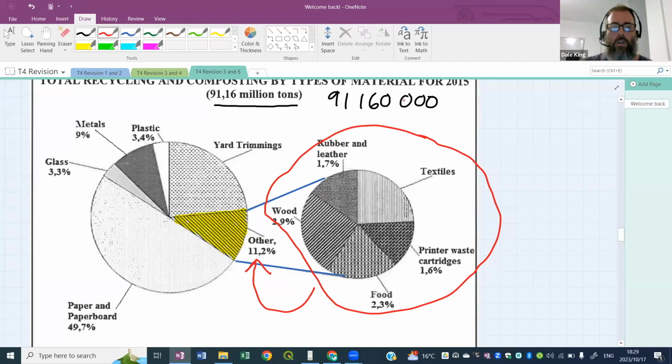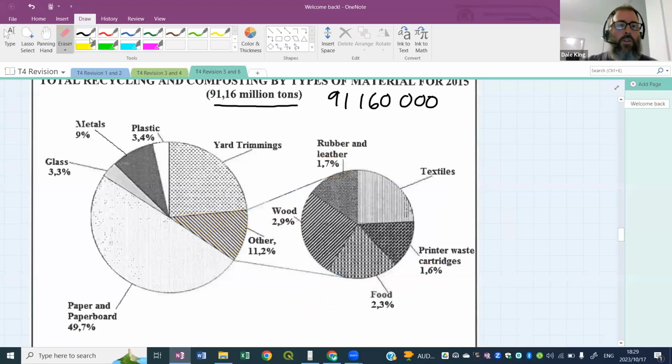So just remember that. All these little percentages that we see here, 1,7, 2,9, 2,3, and 1,6, and look, there's one missing. They're probably going to ask us about that. All of those should add up to 11.2. They're just expanding that 11.2 to show you what's in the 11.2. I hope you guys can see that.